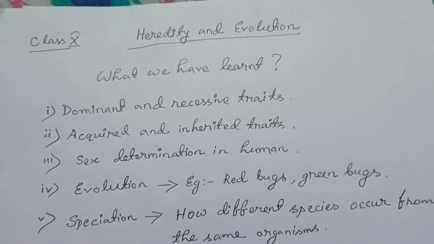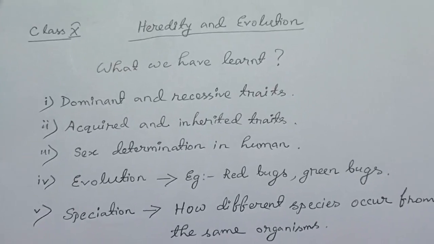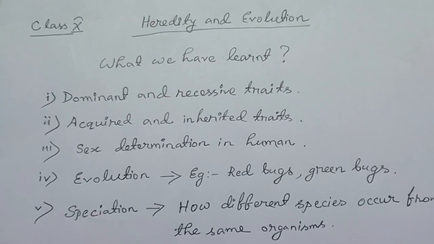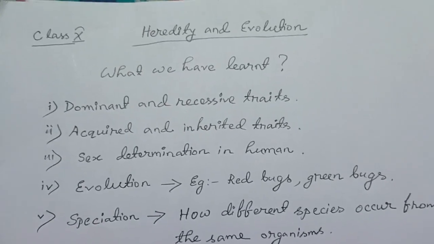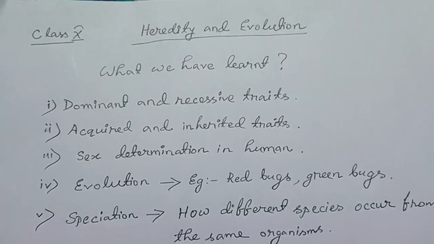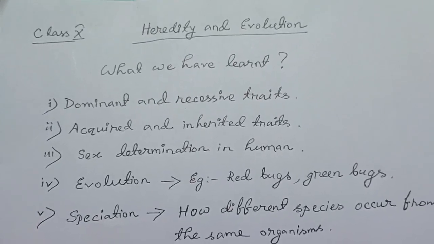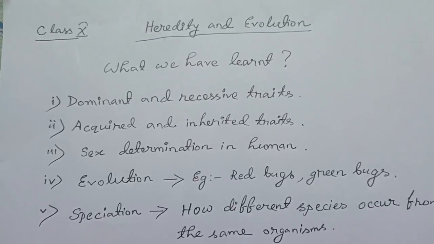It is because the tall character is dominant and the short character is not dominant, or you can call it recessive. Another example is seed color, yellow and green: the color yellow is dominant.